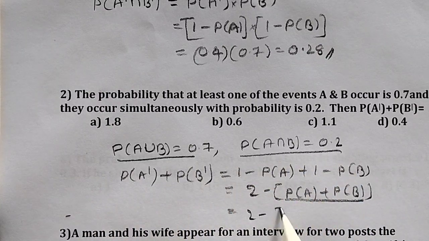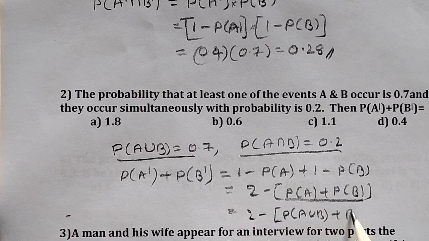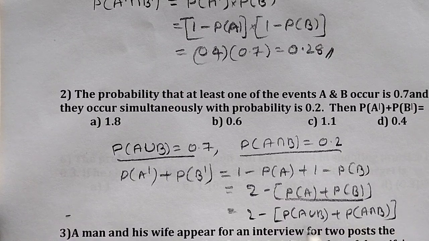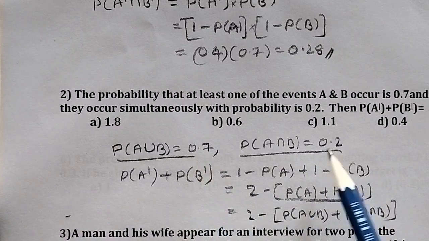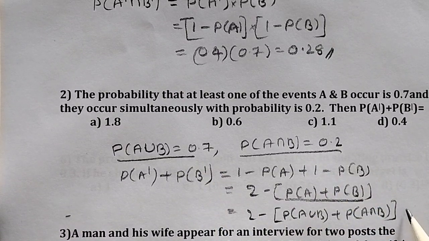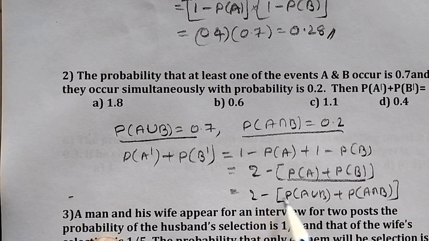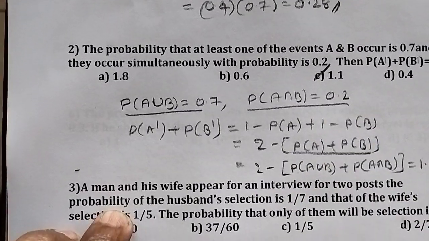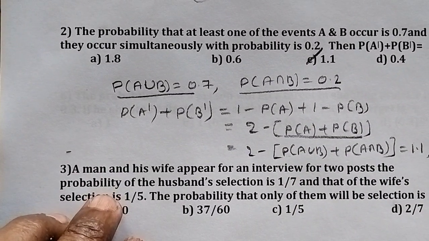So 2 minus (P of A union B plus P of A intersection B). These two values are 0.7 plus 0.2, that is 0.9. So 2 minus 0.9 is equal to 1.1. Okay, that is the answer.